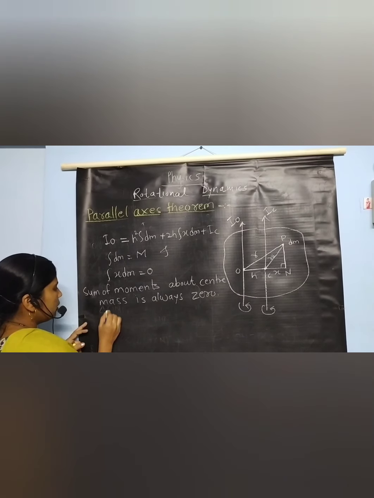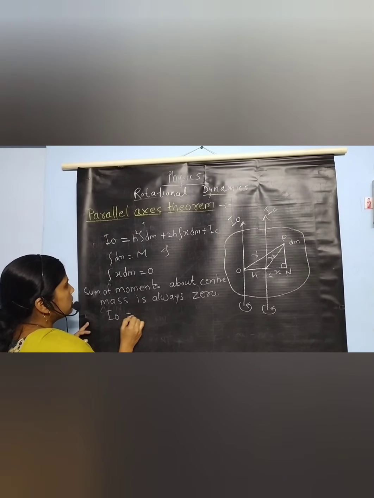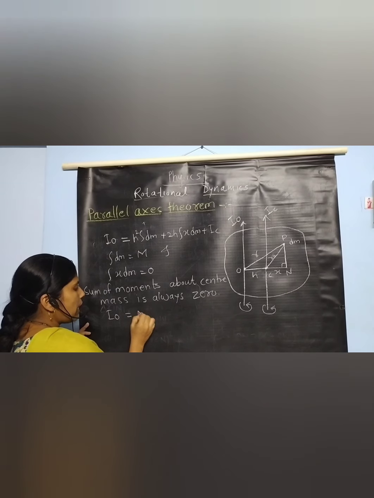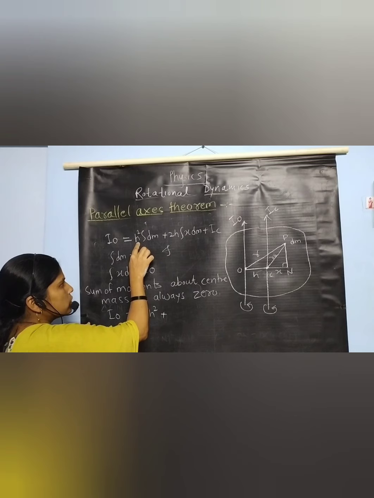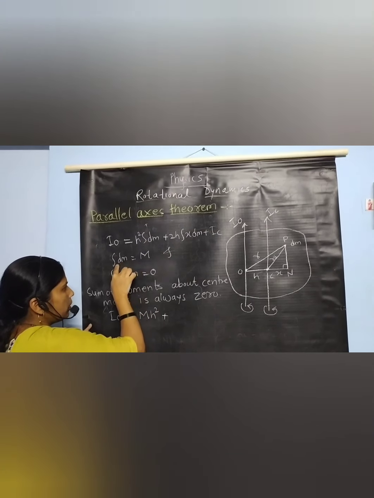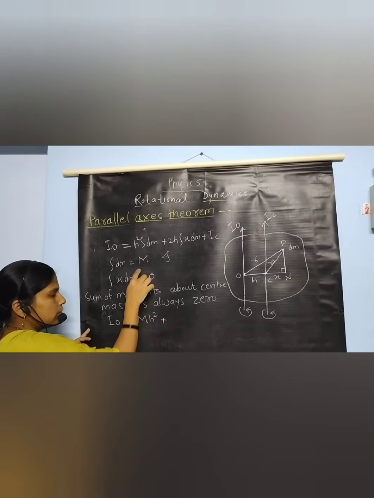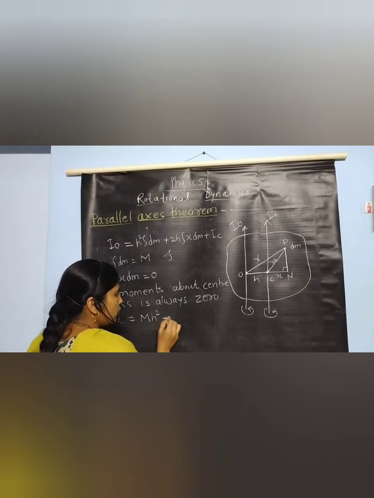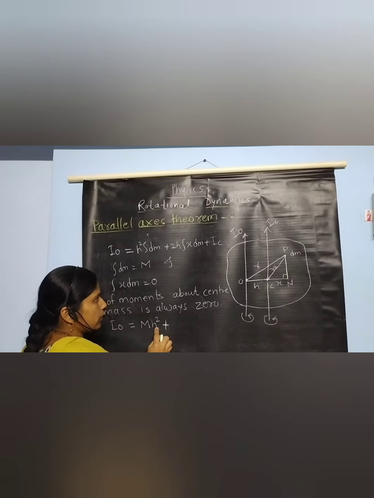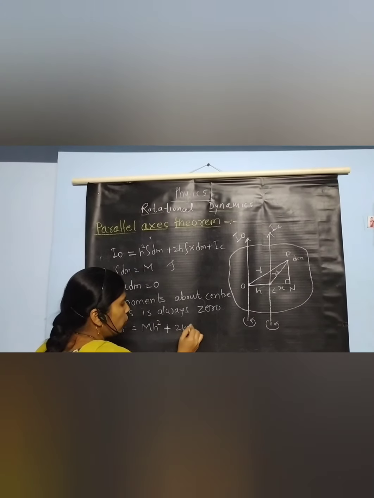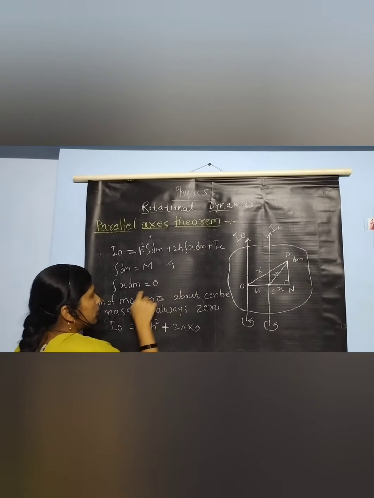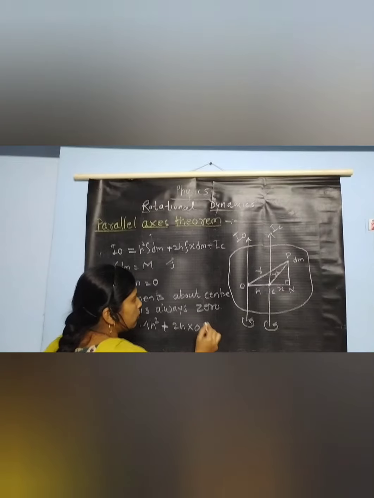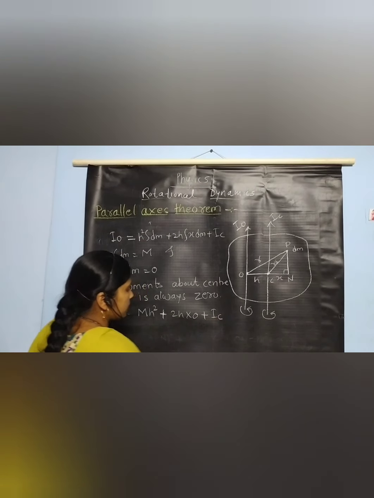Therefore, we are getting here IO is equal to capital M into h square, because h square multiplies the integration of dm, and the integration of dm is equal to capital M. Therefore, we get Mh square plus 2h into the integration of x dm, which is equal to 0, plus IC.